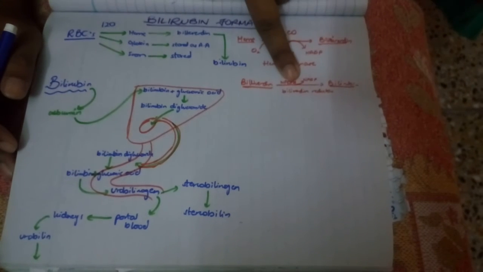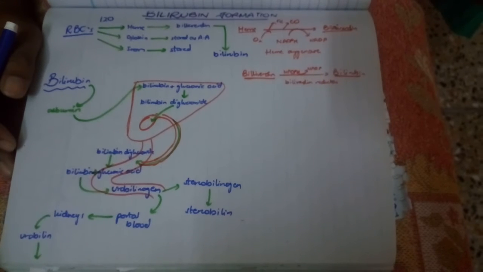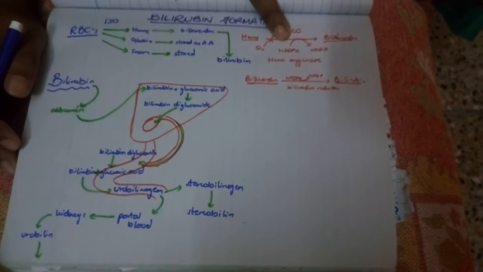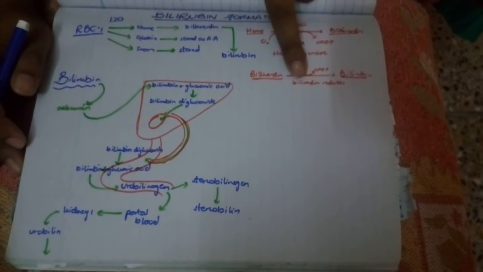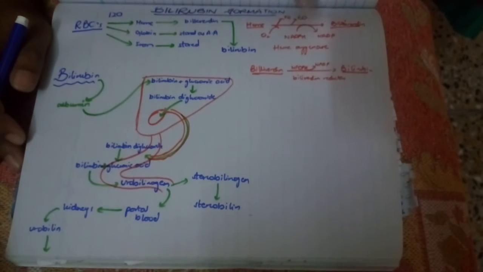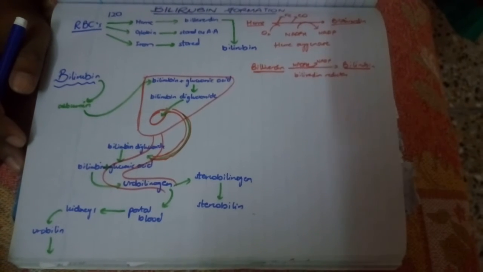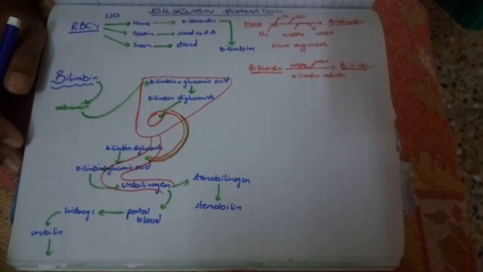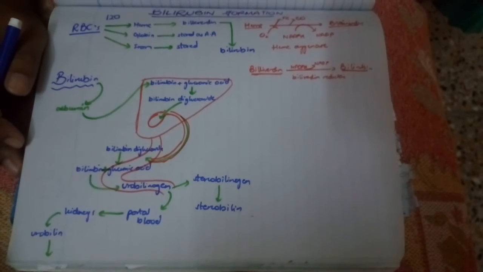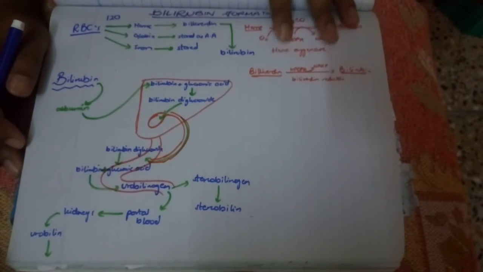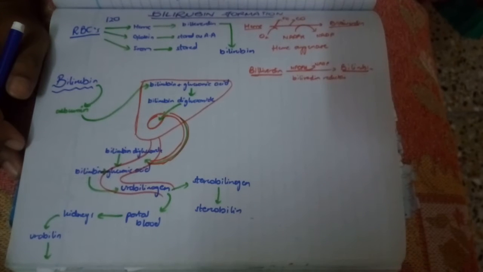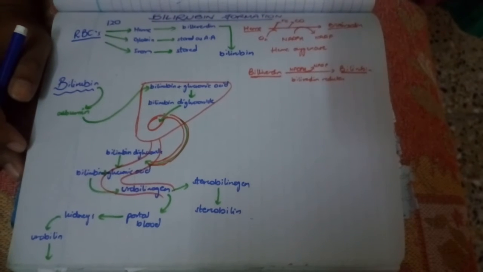It requires the enzyme biliverdin reductase. First of all, I showed you here that the enzyme was heme oxygenase, but from biliverdin to bilirubin, the enzyme is biliverdin reductase. Now we have reached the bilirubin stage. It is insoluble in water and it is lipid soluble, so it cannot be transported without any aid in the blood because blood is plasma and plasma is water.